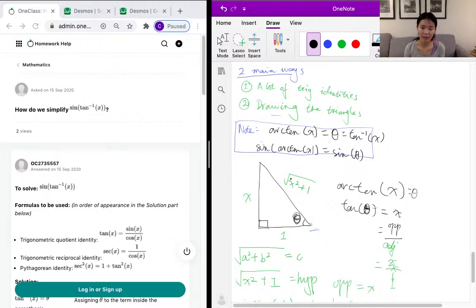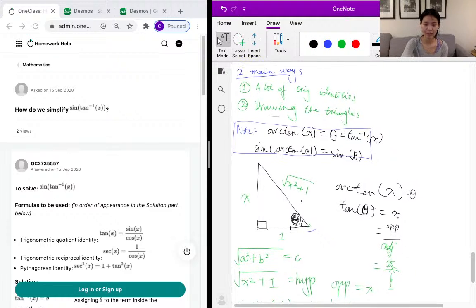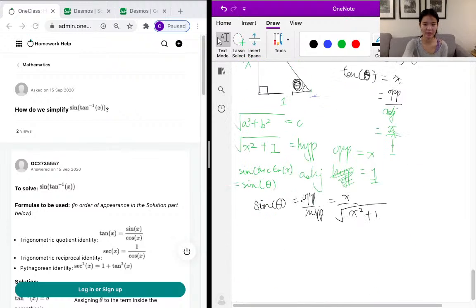Now we know sine is opposite over hypotenuse. The opposite of this angle is x, and the hypotenuse is the square root of x squared plus 1. So sine is x over the square root of x squared plus 1. And this is our final answer right over here.